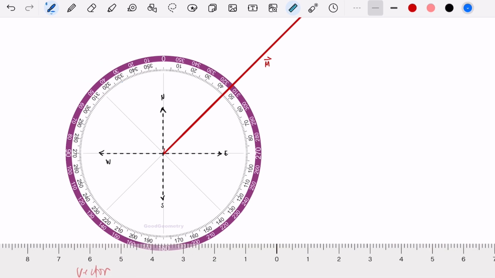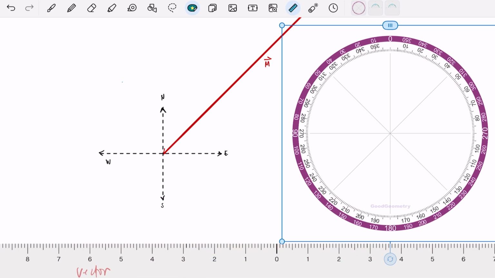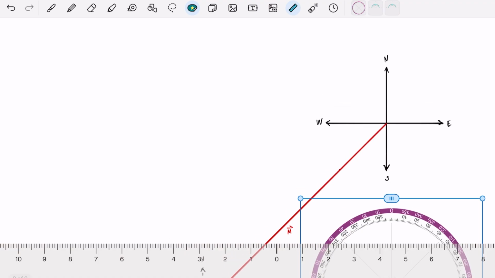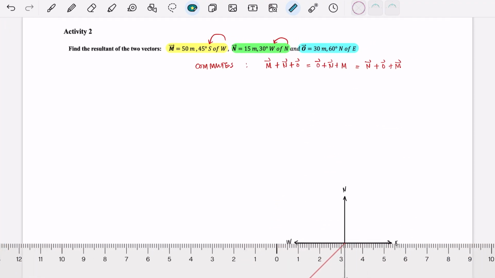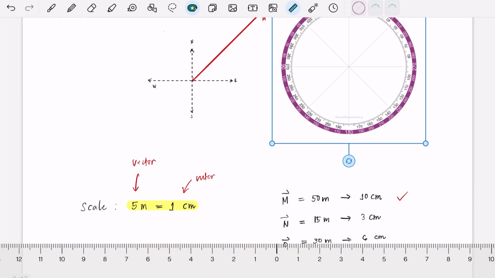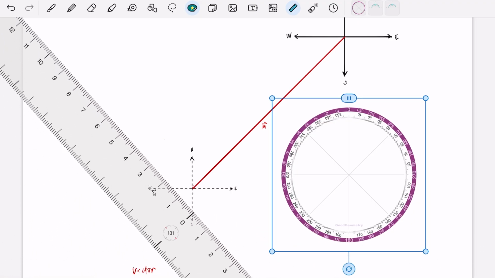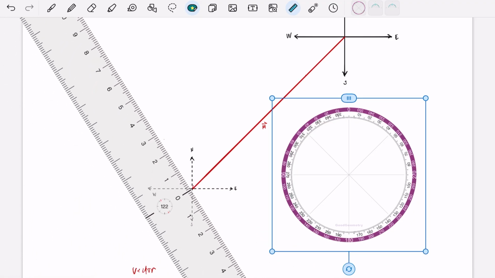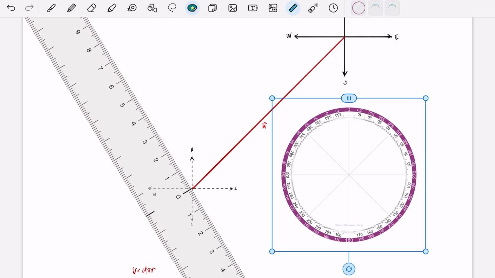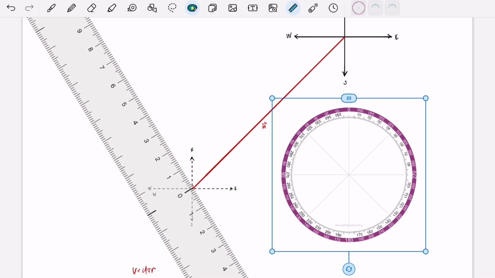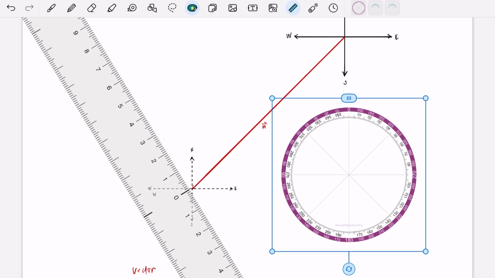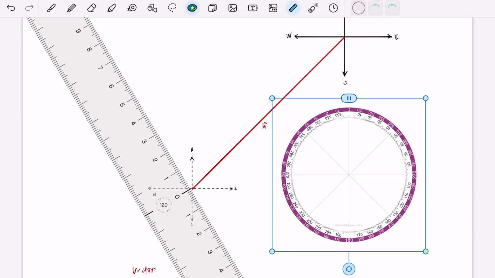So that small dot there represents my 30 degrees, and my vector, which is 15 meters, can simply be represented by 3 centimeters. So let's do the same thing. So set that at 0 degrees, but you have to remember that it must also pass through the point which indicates your direction, and you have to be very careful about it.